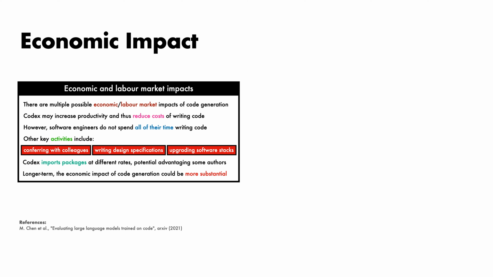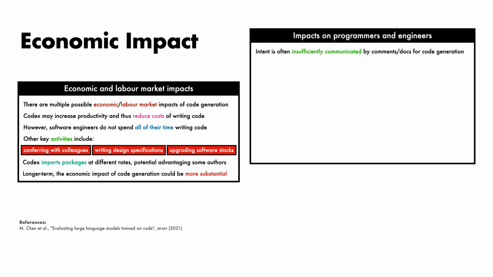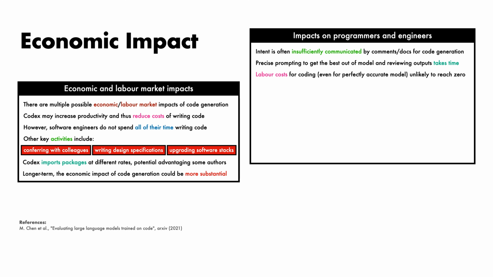Turning to look in a little more detail at impacts on programmers and engineers, it's useful to note that the intended behavior of code is often insufficiently communicated by surrounding comments and documentation in order to perform effective code generation. As a result, precise prompting may be required in order to get the best out of the model, and reviewing the generated outputs takes further time. Consequently, the labour costs associated with coding, even for models that are perfectly accurate, are unlikely to fall to zero.